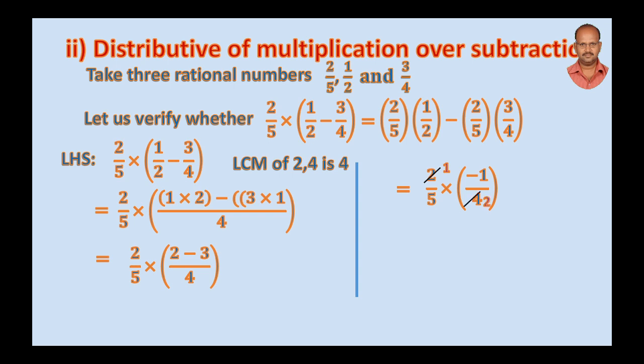Denominator and numerator are dividing with 2. Then 1 into minus 1 upon 5 into 2, that is equal to minus 1 by 10. Then go to RHS.